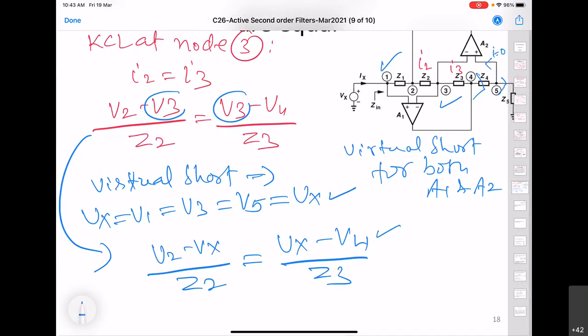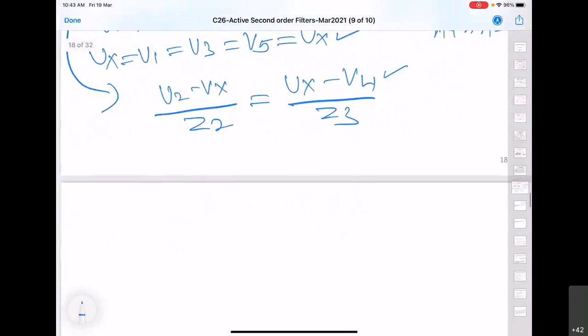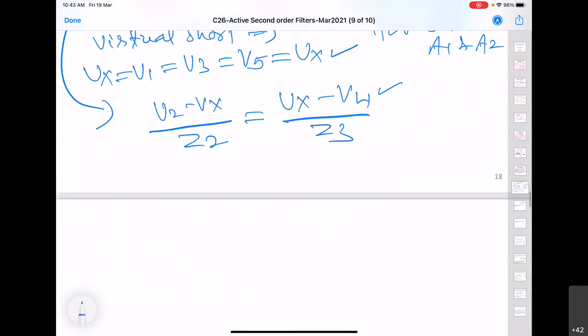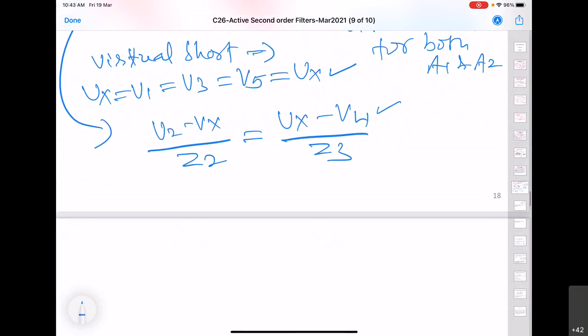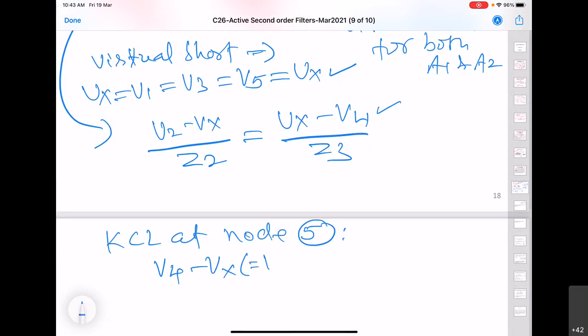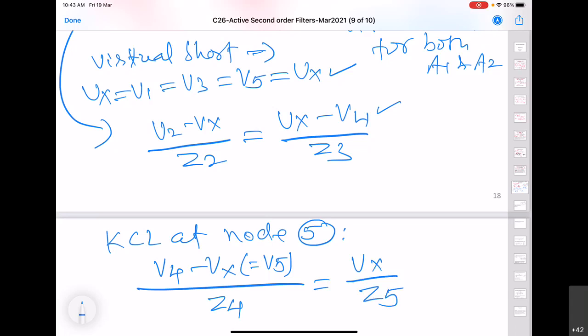Whatever current goes into Z4, the same current goes through Z5. So we write KCL at node 5, which gives V4 minus Vx, which is V5, divided by Z4 is equal to Vx divided by Z5.